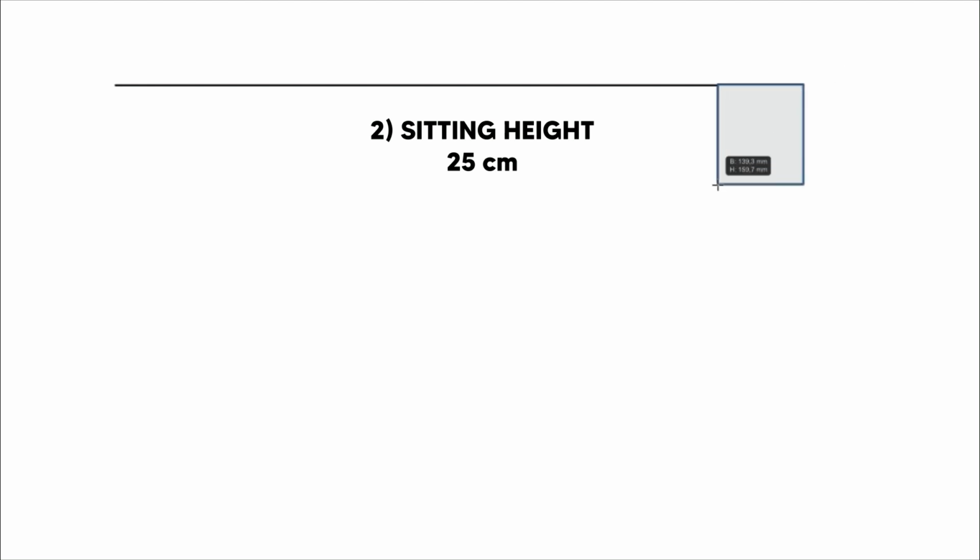Then afterwards, we are going to draw in our sitting height, which will be 25 centimeters for Terry, and for you guys it is the measurement that you noted on the point number 2.